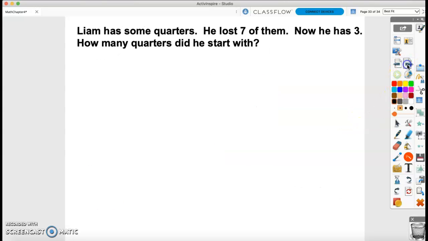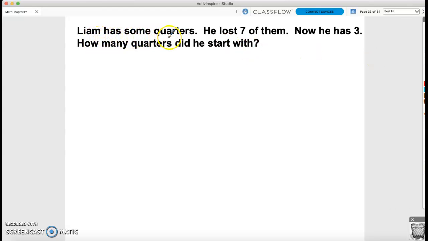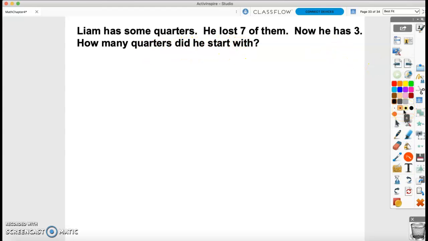Let's go to our next one. It says, Liam has some quarters. He lost 7 of them. Now he has 3. How many quarters did he start with? So we're going to work this and look and see what it says.